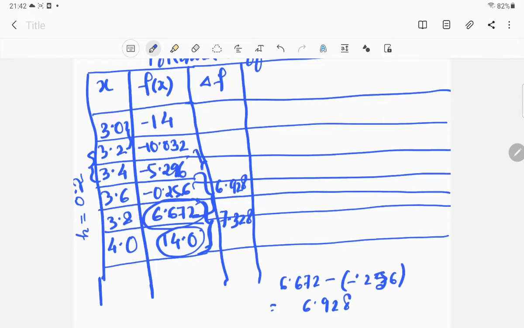Similarly, what is the gap between these two? It is minus 0.256 minus minus 5.296. If you remove the bracket it will be plus, so it will be something like 5.040.